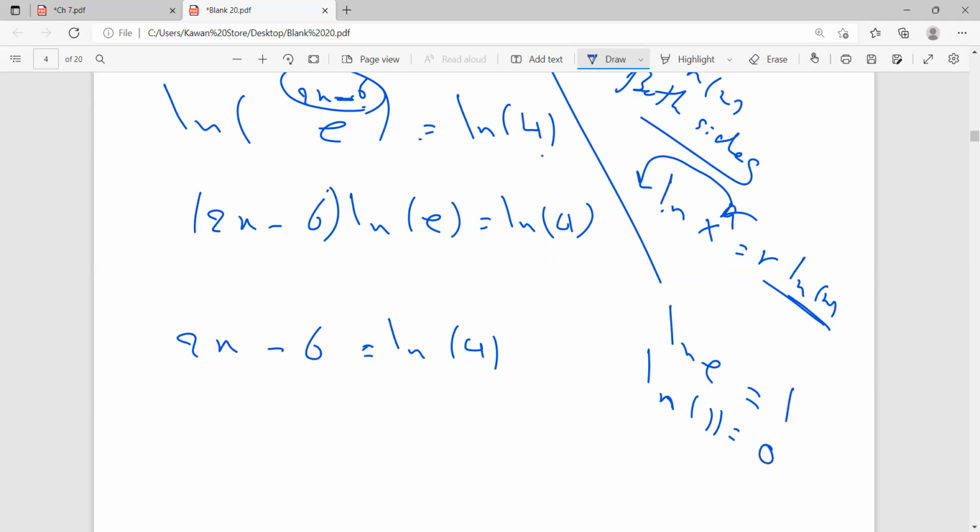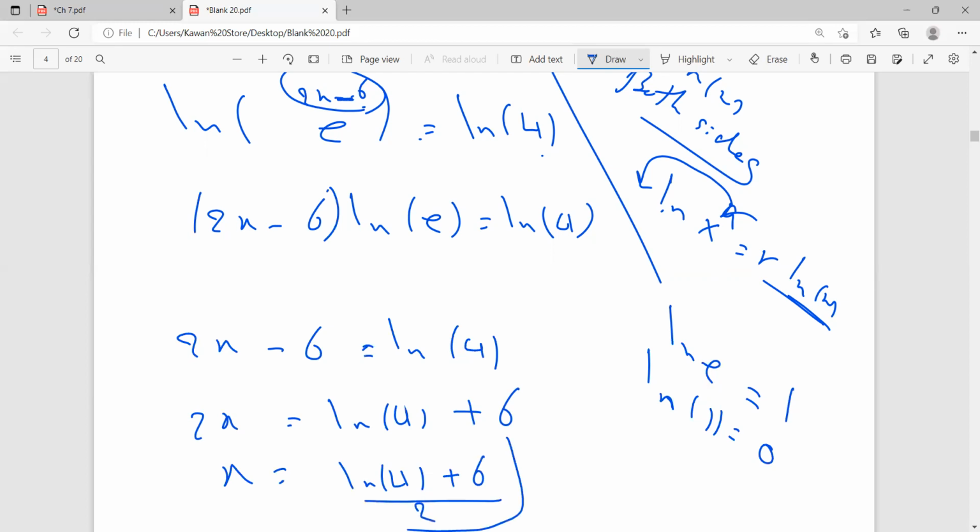So now I have an easy equation. I say ln of 4 plus 6, so x is equal to ln of 4 plus 6, divided by 2. This is the exponential equation that we solved. When we have an equation, we should find the value of x, right? Good.